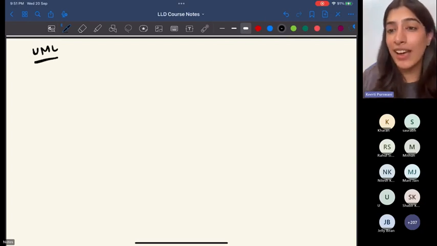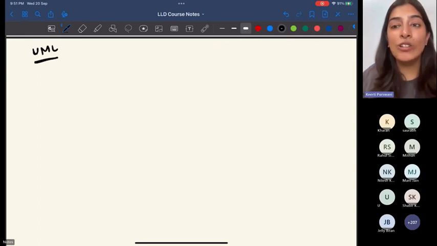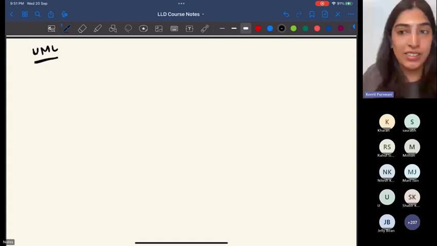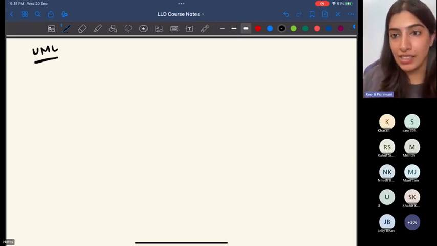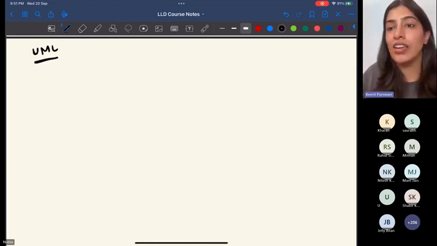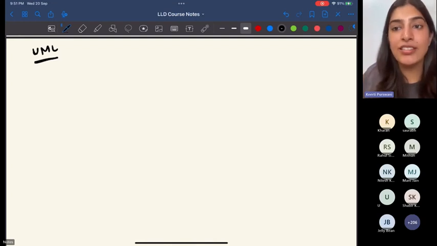But trust me, once you truly understand its importance, you will really enjoy doing it because once you are done designing the entire diagram, once you have the visualization of it, converting it to code will become very easy. It will become super easy. And that is what I'm going to explain to you in the next 1 hour, how we can convert our relations between the classes and all of this into a design, into a visual representation.